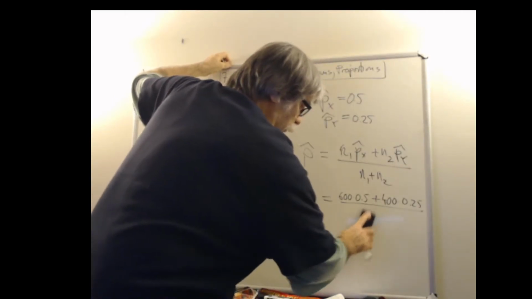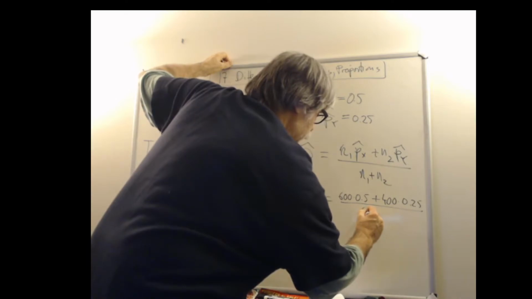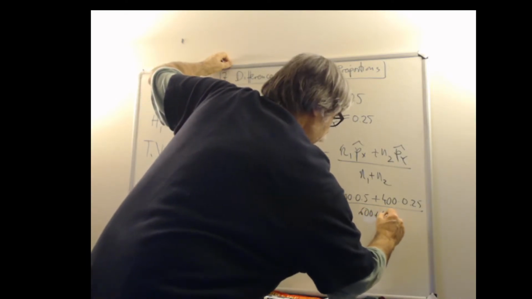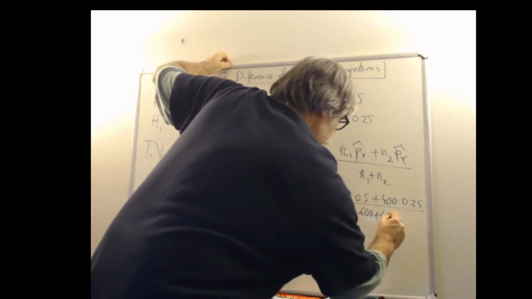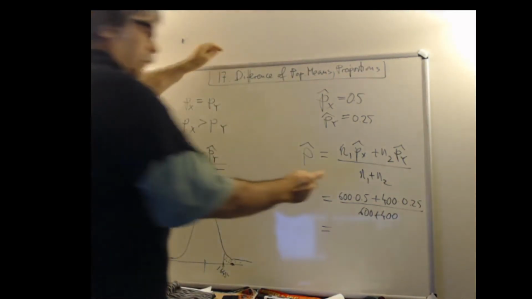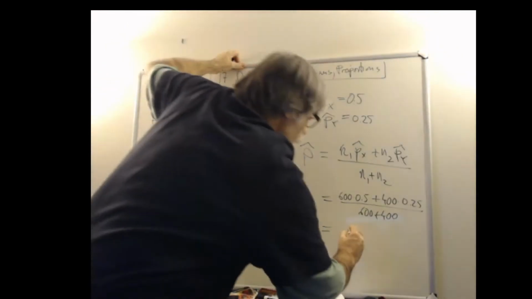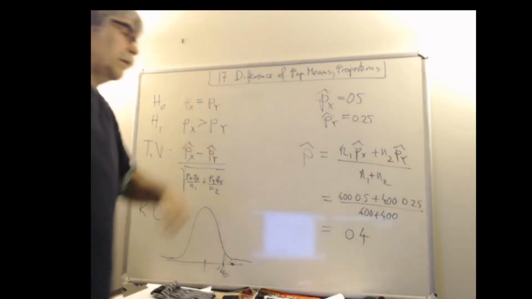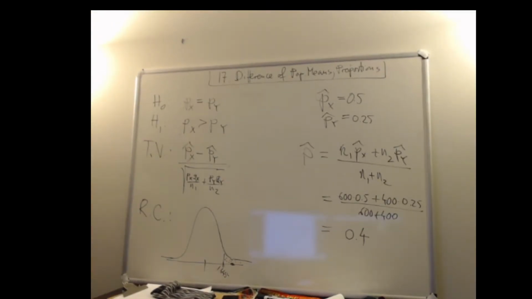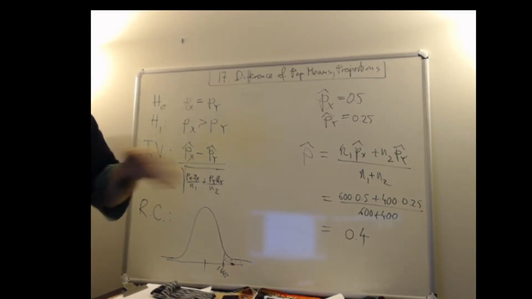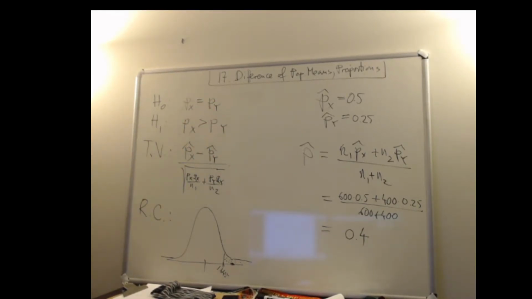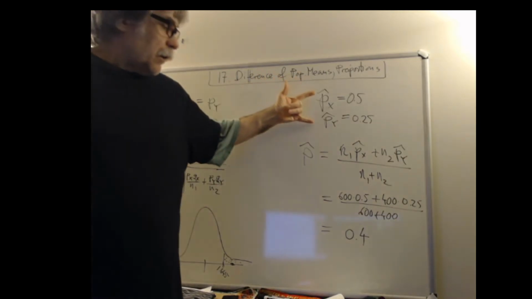I know it's 1000, but you can write it like that. This is an easy calculation, all the numbers are very simple. So 300 plus 100, which is 400. 400 divided by 1000 is 0.4. You check my calculation, make sure that's right. So the average is 0.4.